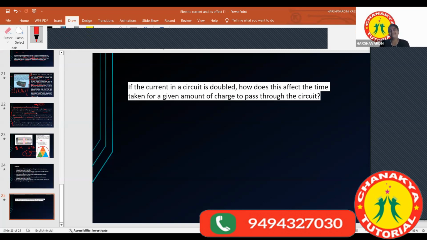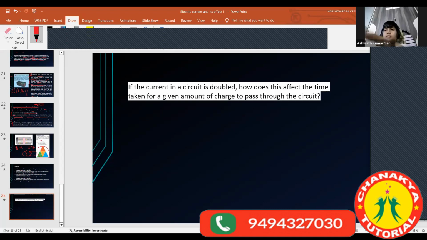It's actually very simple. Yes, everybody doing it there? Gelda? Yes, ma'am. Hamza? Yes, ma'am. Ashwant? Yes. Do it, everyone.